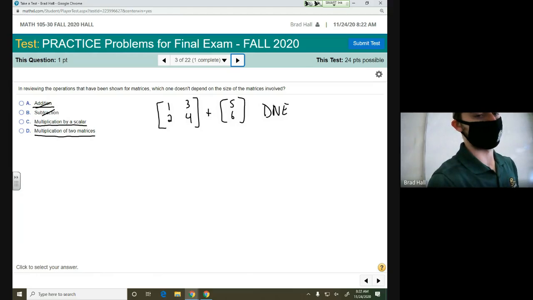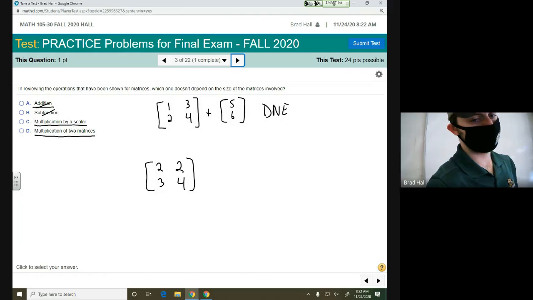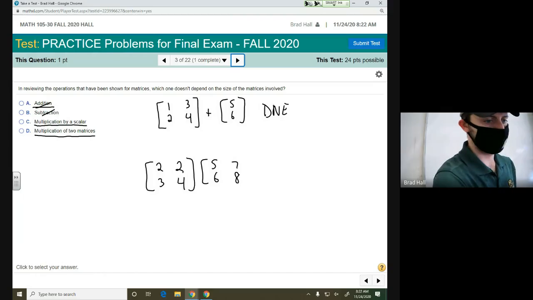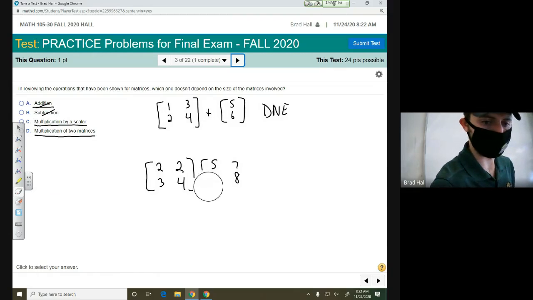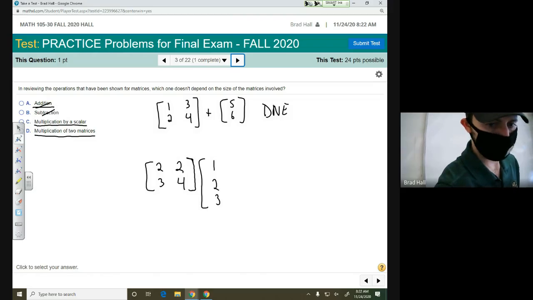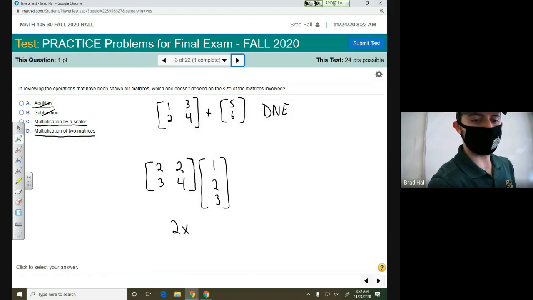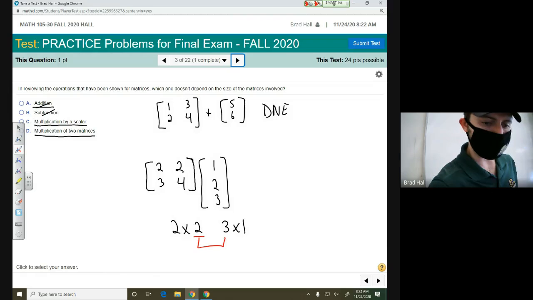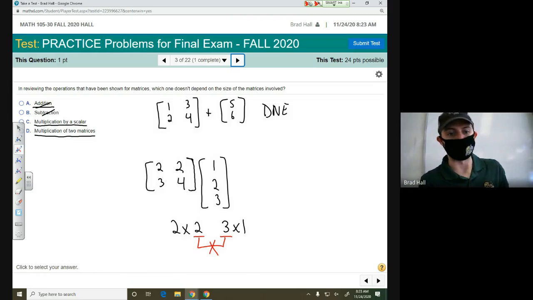When you multiply matrices together, if the inner numbers do not equal, then the matrix multiplication doesn't make any sense.